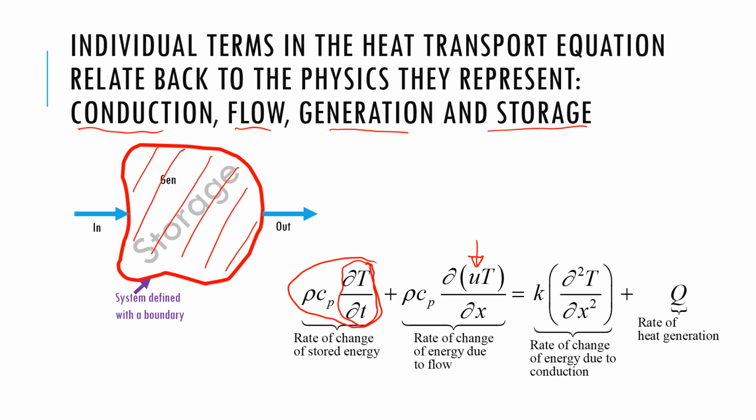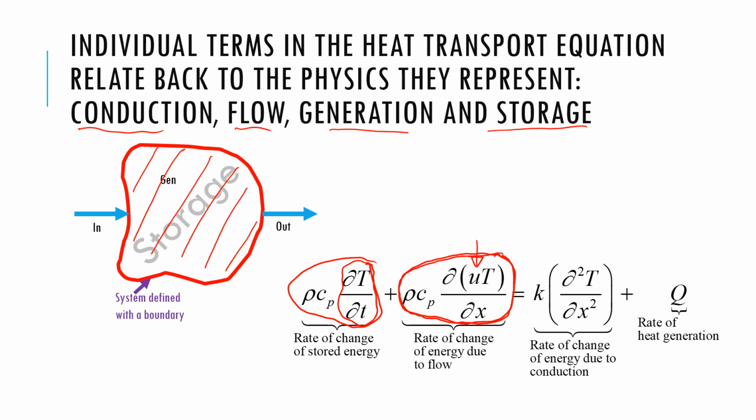I'm not getting into those details now, but this term then is the rate of change of energy in this control volume simply due to flow. Nothing, no conduction in there, just due to flow.